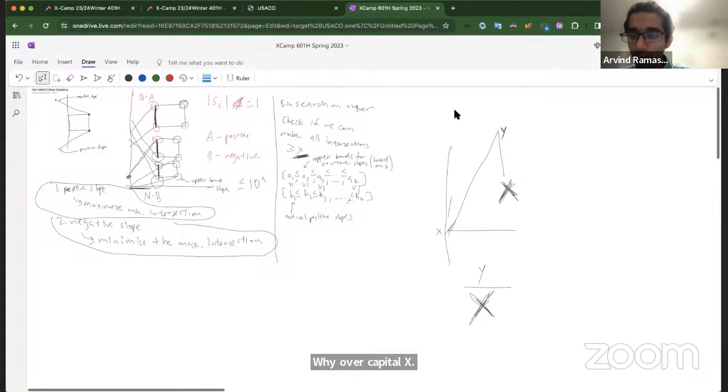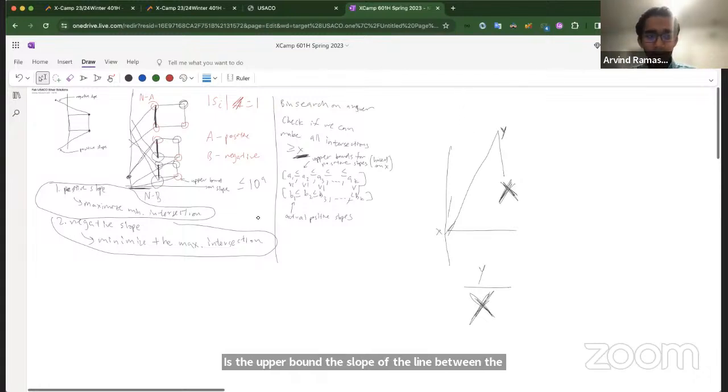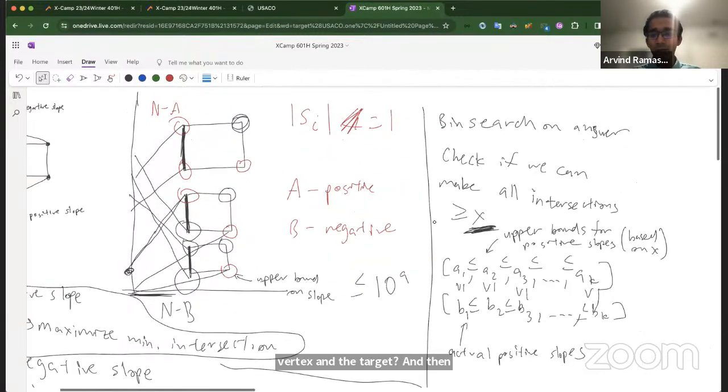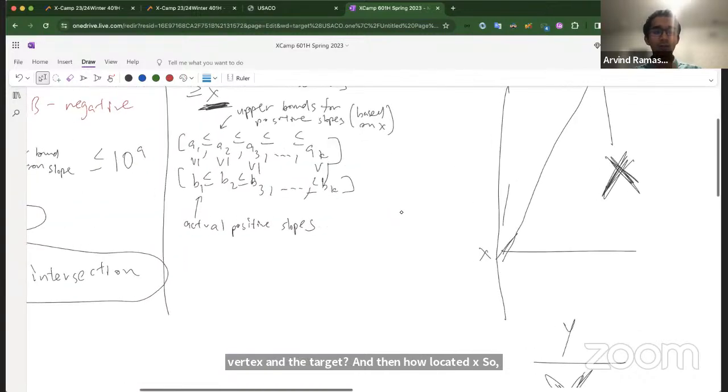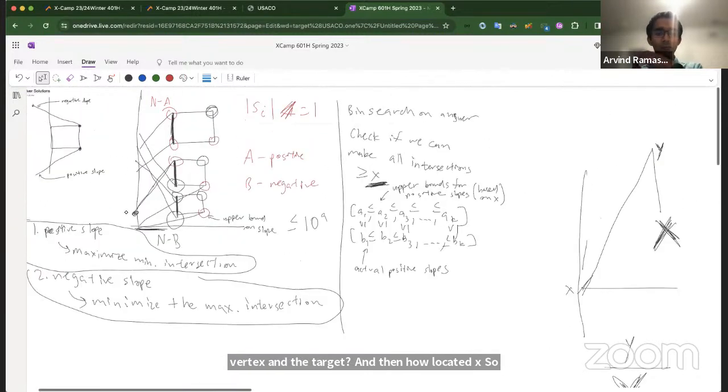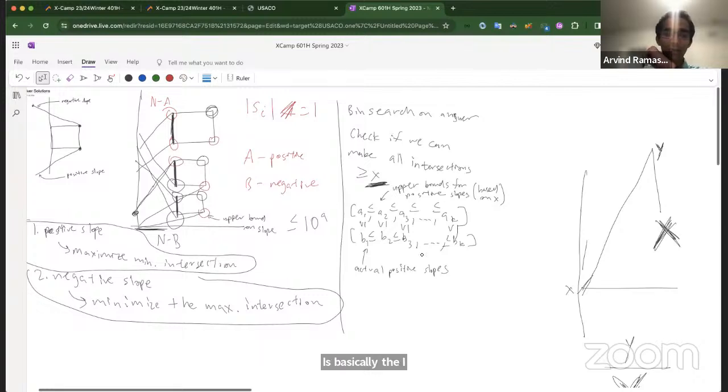Is the upper bound the slope of the line between the vertex of the target and the cow located at x? So lowercase x is basically, I want to check if the min cow coordinate will be greater than or equal to lowercase x for all the cows.